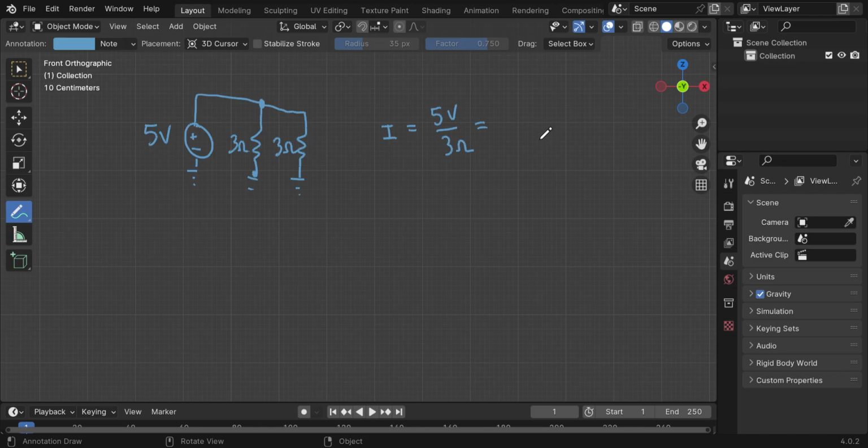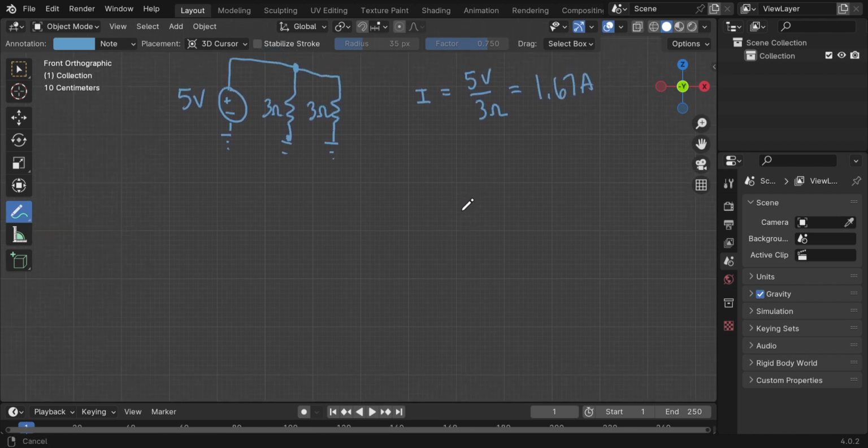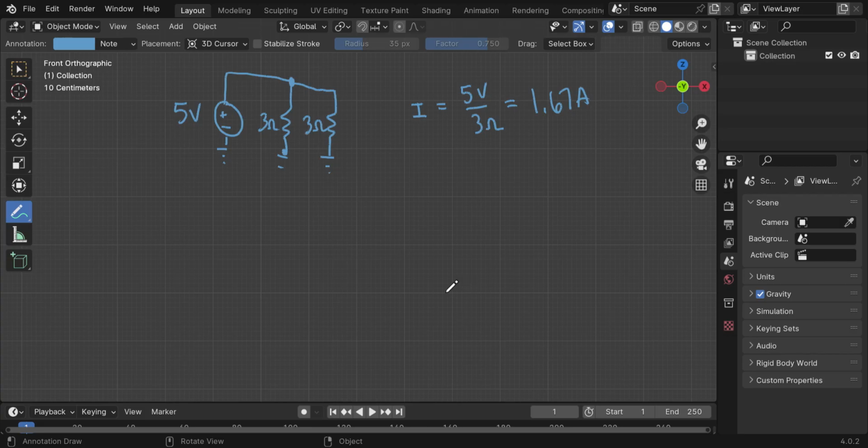So that is 5/3, which is let's say 1.67 amps. So that's how much current's going through each one. You have 1.67 and 1.67.